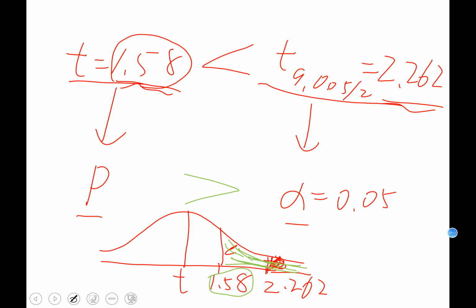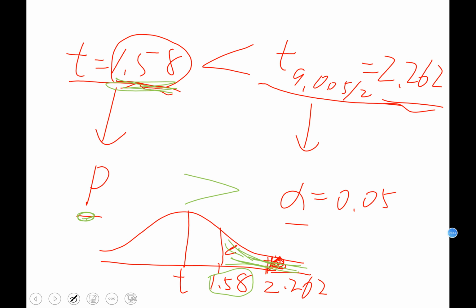The first way is to find two numbers, 1.38 and 1.83, and this number locates in between these two values. So its corresponding probability should also be between the probabilities of those two numbers. So we prove that p is bigger than 0.05.